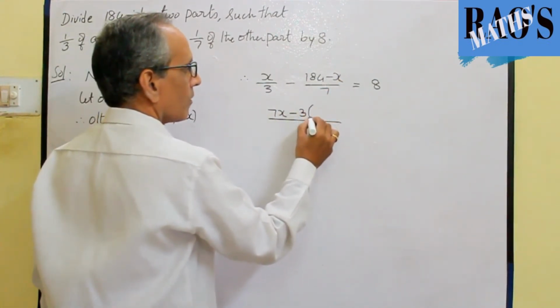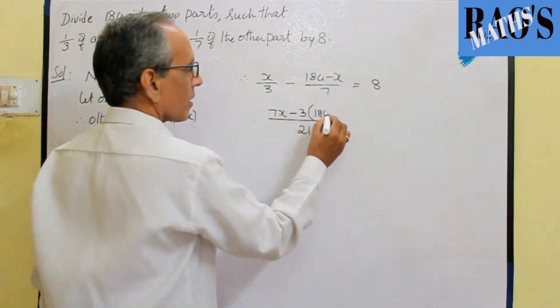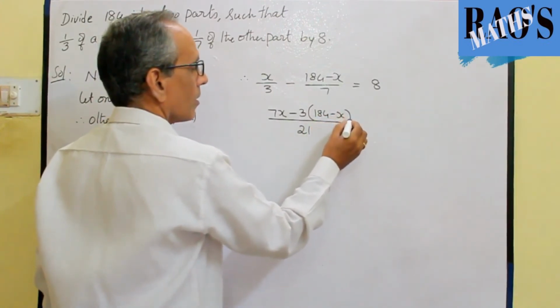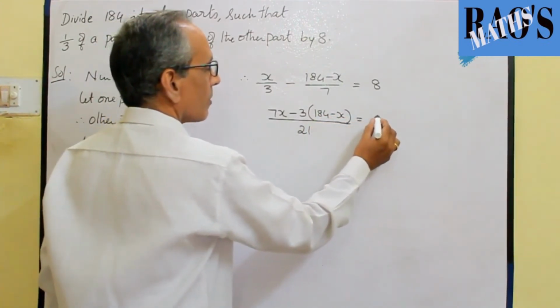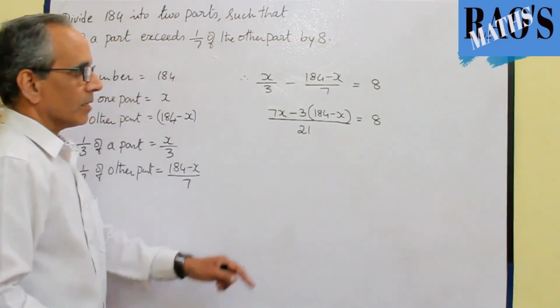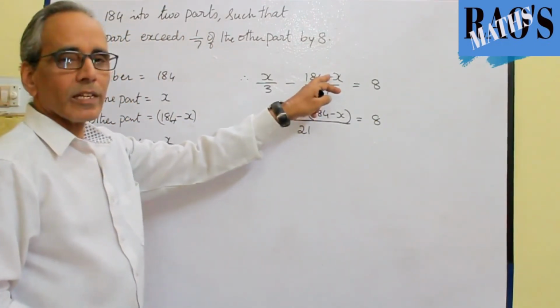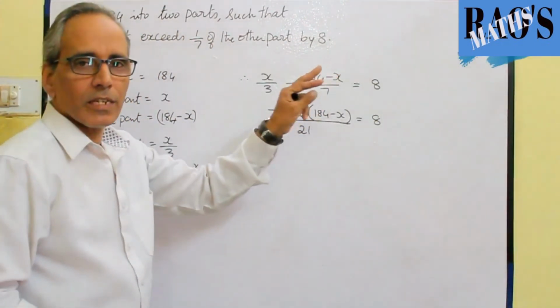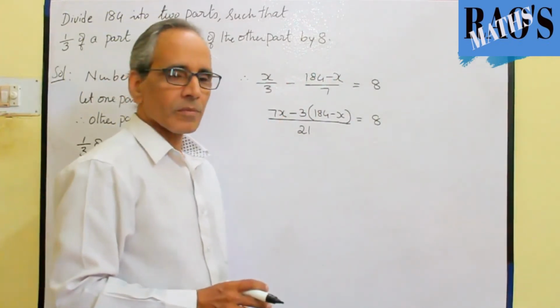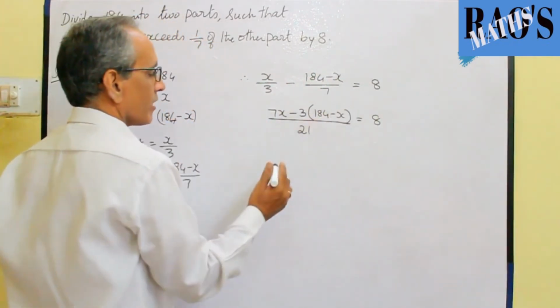So 3 times of the whole numerator. Okay. Here you must use the bracket because the second fraction numerator is a binomial where there is a negative sign. I said the precaution here. Clear?